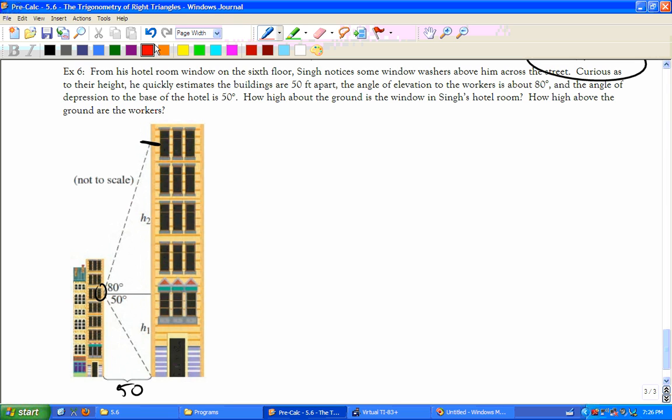We're asking two questions. One, how high above the ground is the window in Singh's room? So if this is 50, it's asking for this height h1. Again, what relates the 50, which is the adjacent, and h1, which is opposite? The tangent of 50 degrees will equal the opposite h1 over 50. Multiply 50 times the tangent of 50 and that will equal h1.